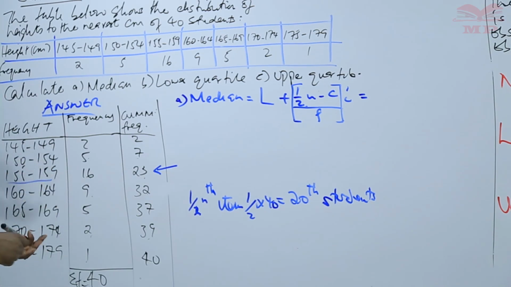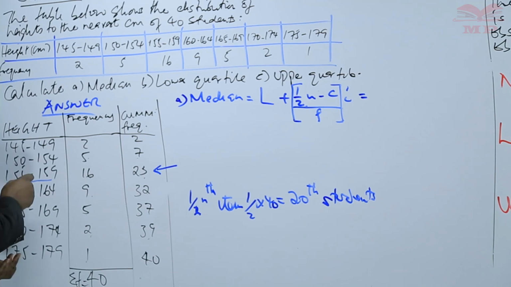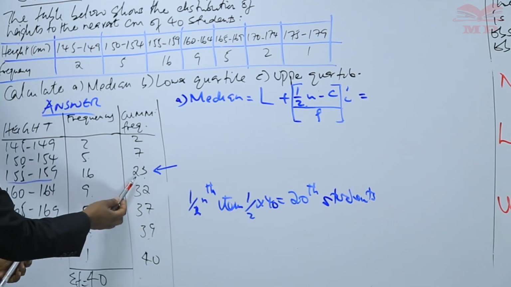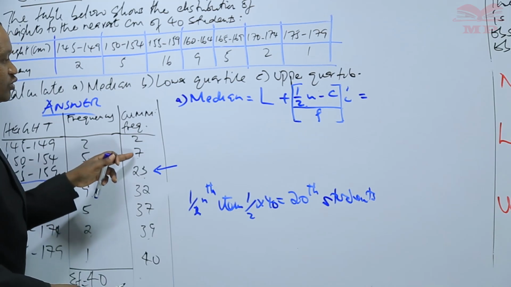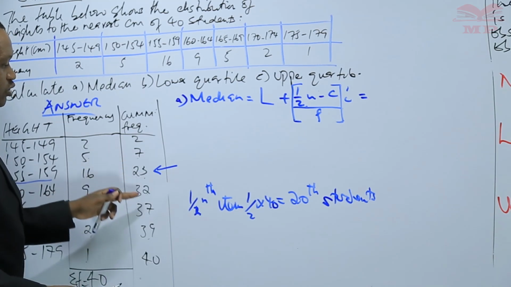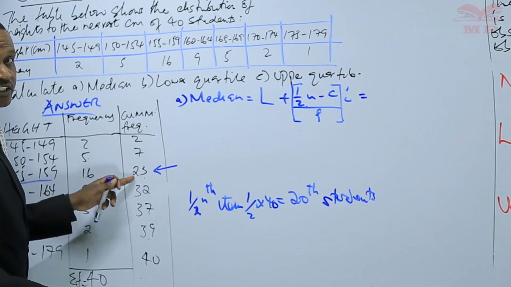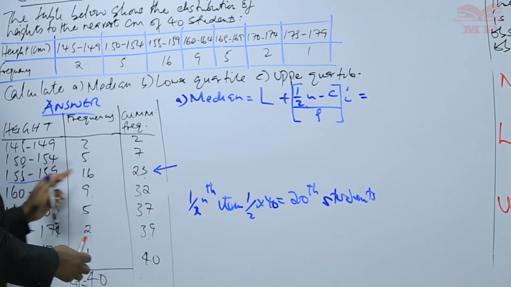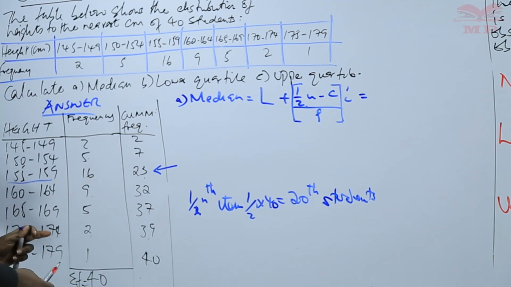The 20th student cannot lie in the other classes. The 20th student is within this cumulative class of 155 to 159.